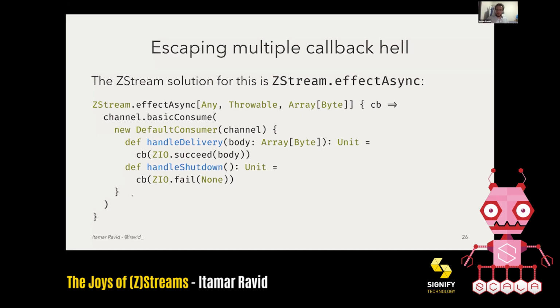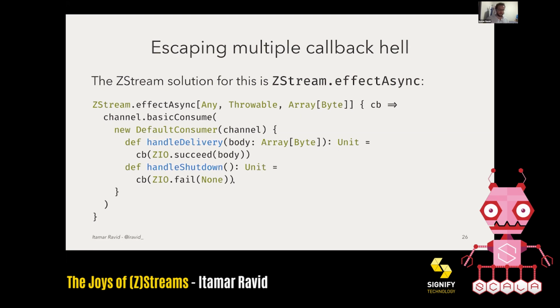The interesting part here is that we can also handle shutdown because this is essentially a callback that can be called multiple times. There is no indication here of how many times it should be called. We need to somehow signal from inside this code that we're not going to call the callback anymore and the stream should be shut down. So what we're doing here is that we're failing with a None.